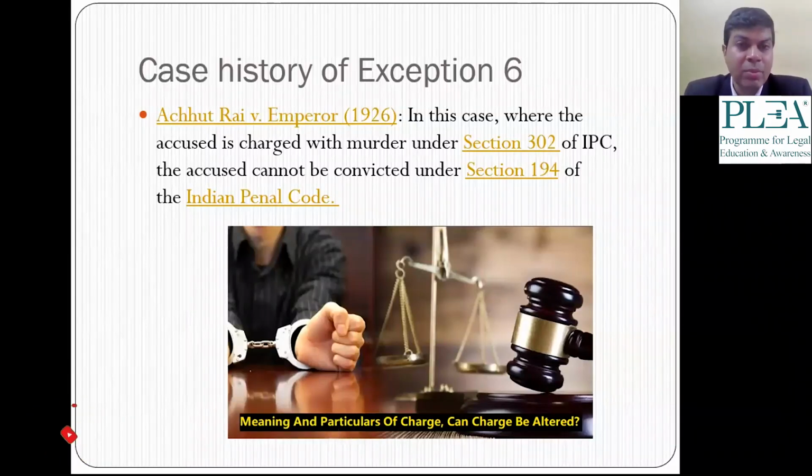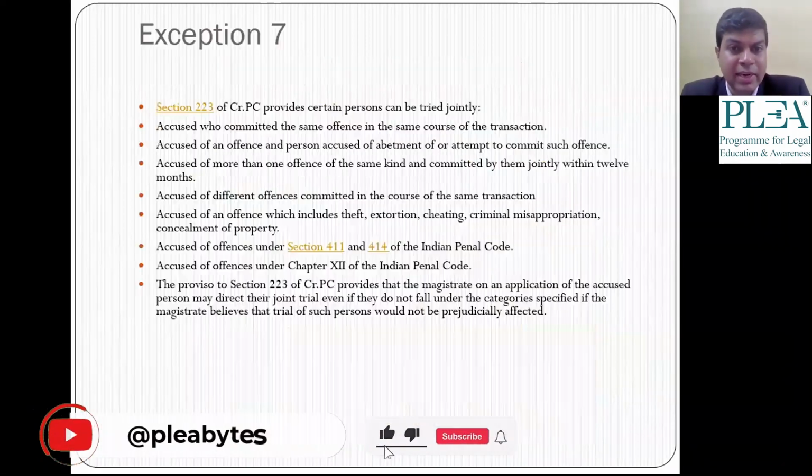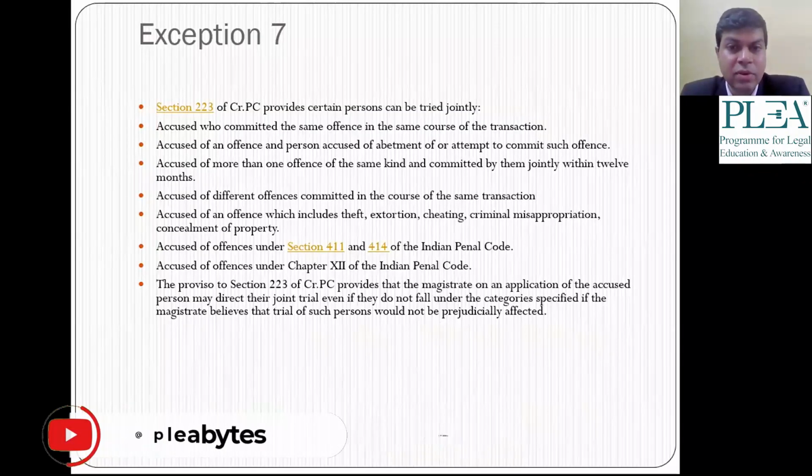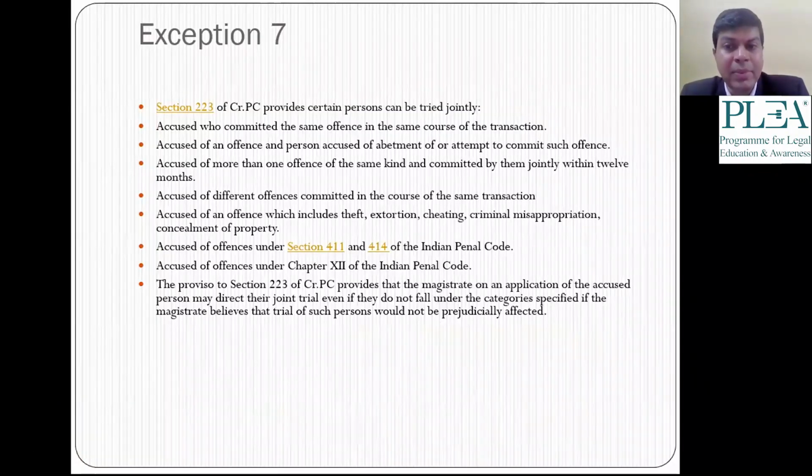Then we are moving on to exception number 7, that is section 223 of the CrPC, which provides that certain persons can be tried jointly. So what this section speaks about, we will see in this lecture. Number one is the accused who has committed the same offense in the same course of the transaction.